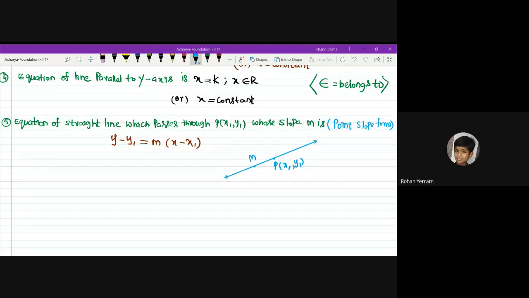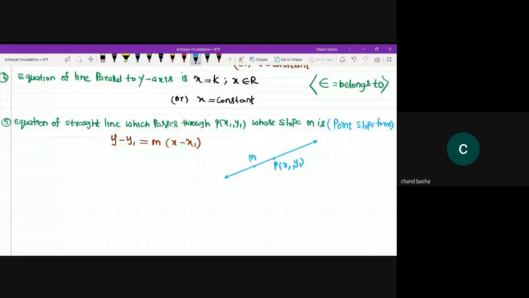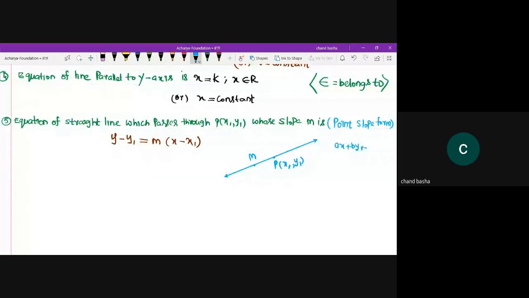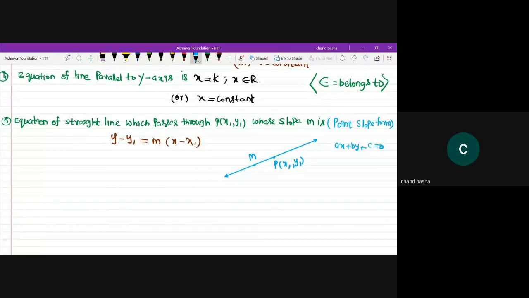Sir, what are they referring to? X and y, they are the variables. That's it. So what is the linear equation in two variables? Can we write ax plus by plus c is equal to 0? Yes, sir. Is it a linear equation in two variables or not?